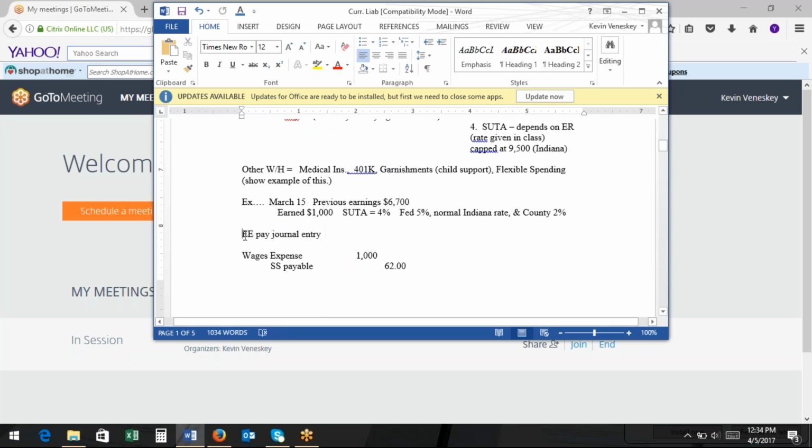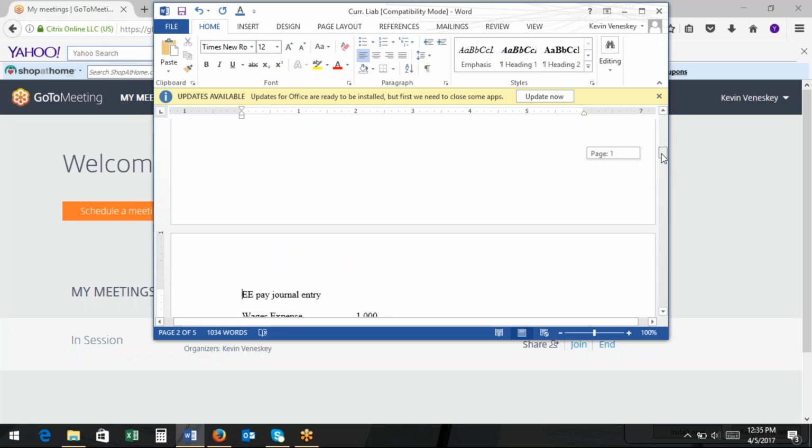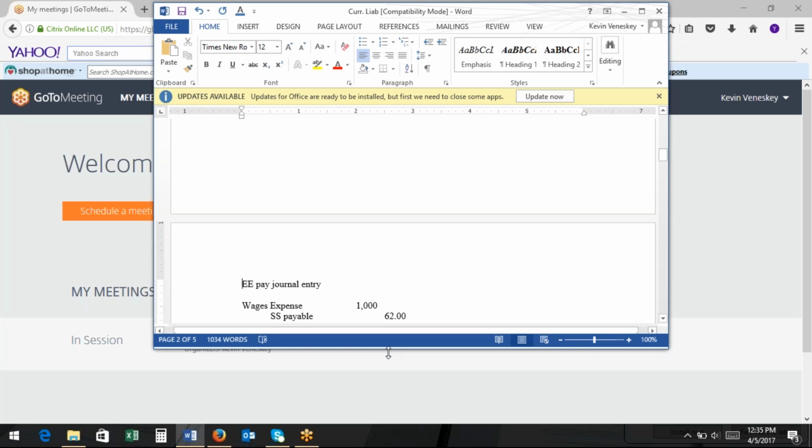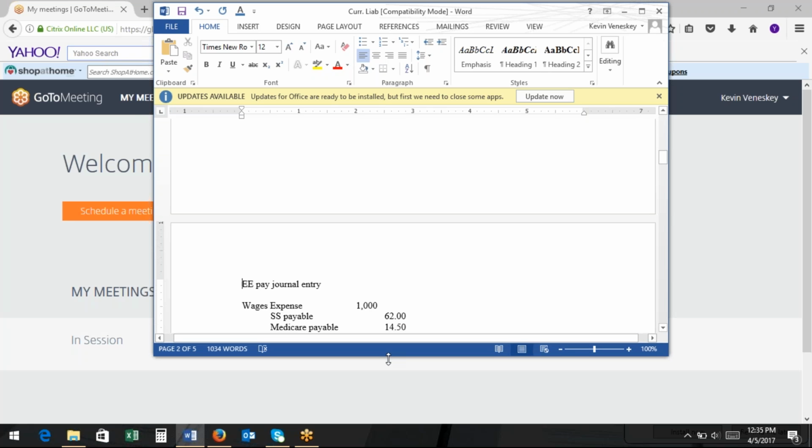Now I'm going to bring this down so it's all in one journal. And then we have the next tax, our Medicare payable. Remember, these are just like sales tax, so this is Social Security payable. Medicare is at 1.45%. So if you take 1.45% times what was earned, no cap, we get $14.50.